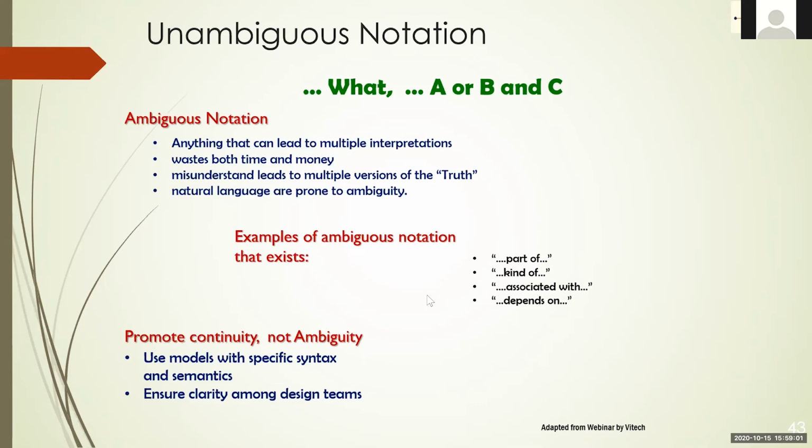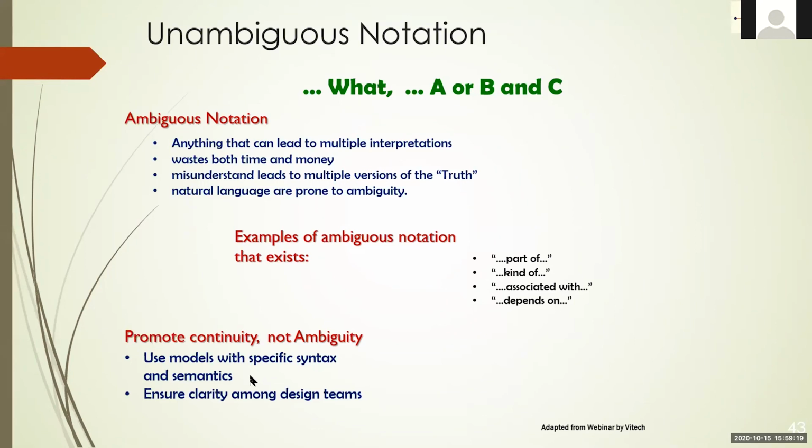So what we need to do is to promote continuity, no ambiguity. And one way to do it is, as we learned in the first part, let's use models. Let's use models that have very well-defined syntax and semantics.